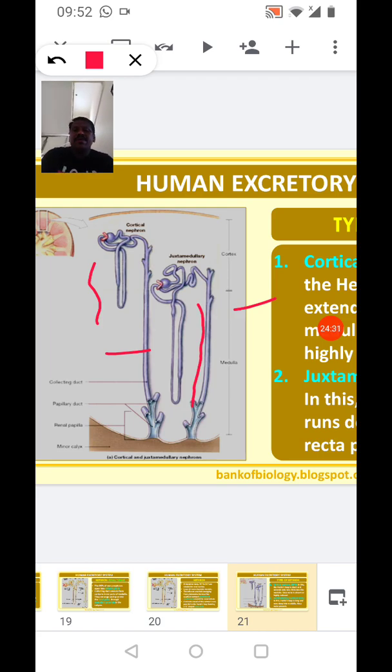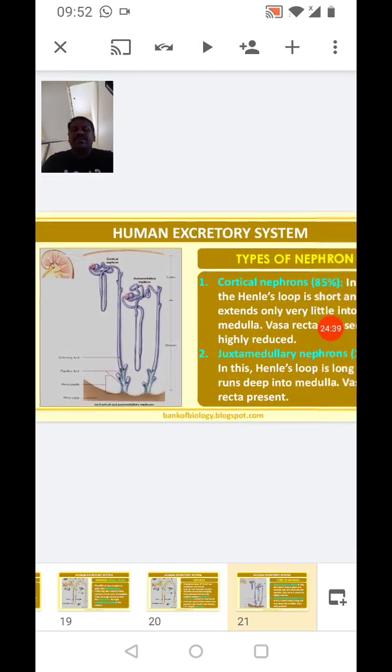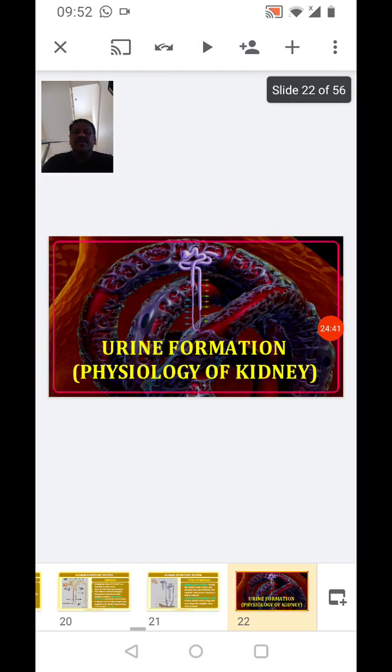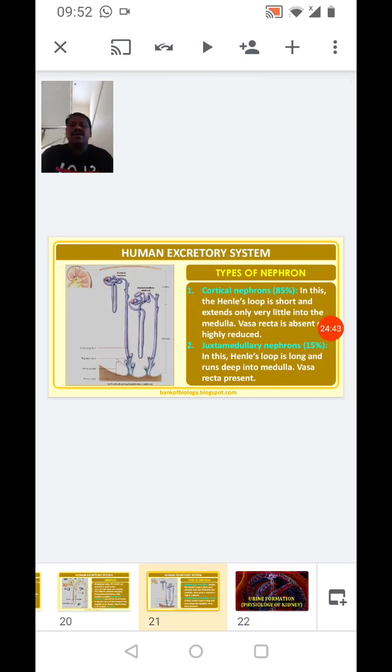Only 15% of nephrons are juxtamedullary nephrons. Right? These are the two types of nephrons. Right? Here ends the structure of the nephron. Okay.